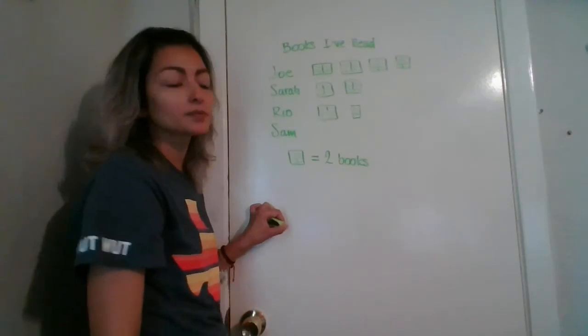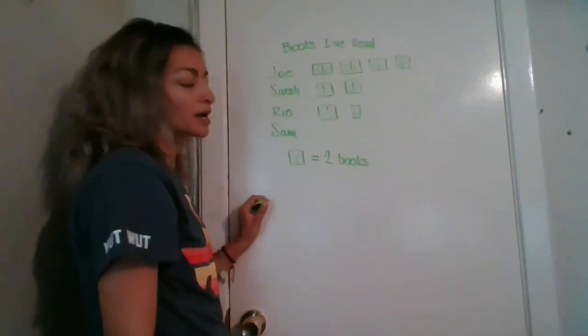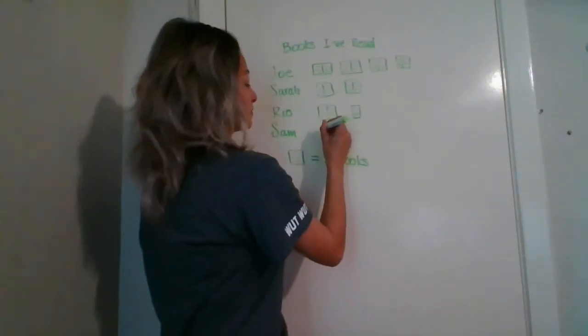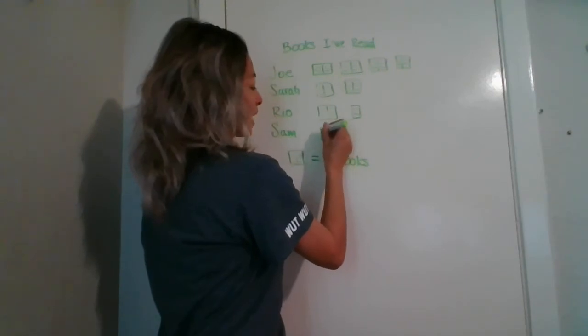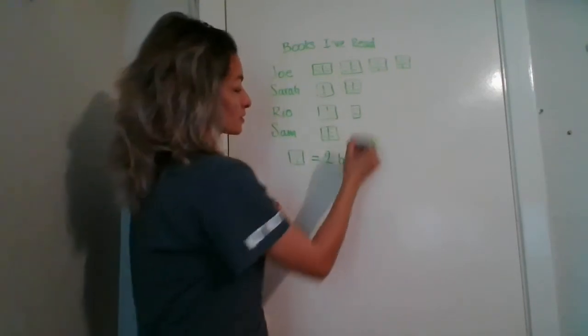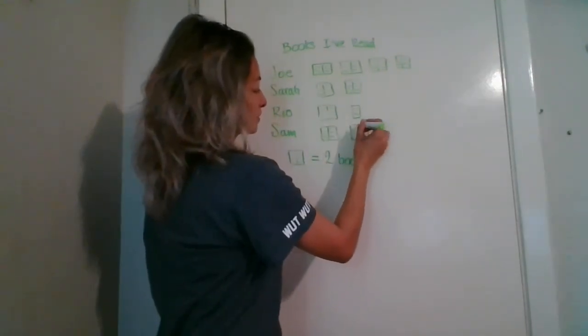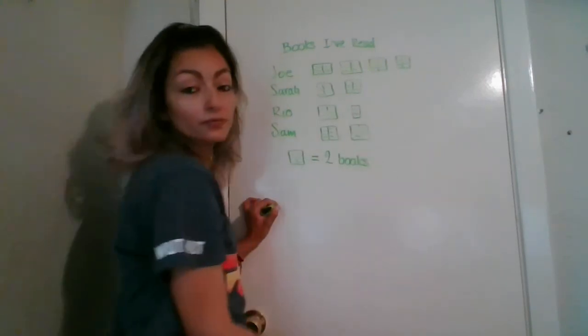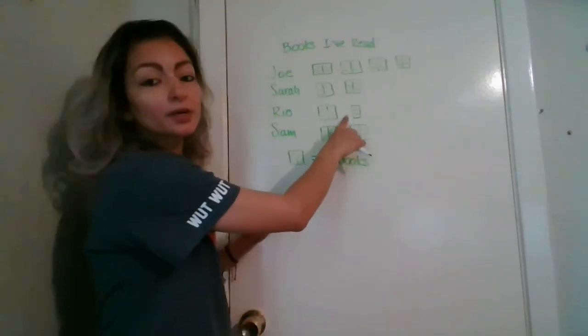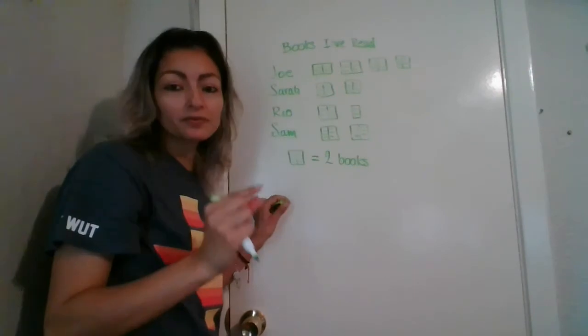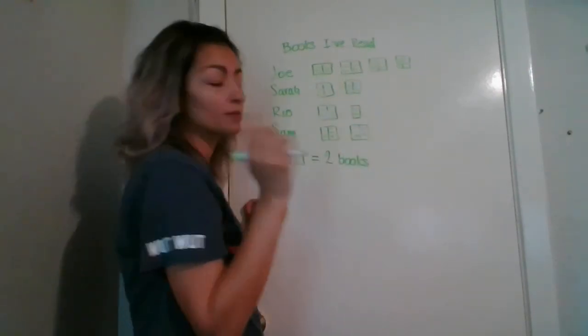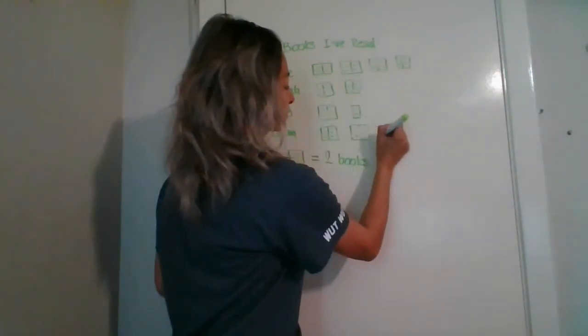Just like that. And if they tell me that Sam read 5 books, well, I have 2 books, 4 books, and just like Rio, I'm going to represent half of it because I only need one more book.